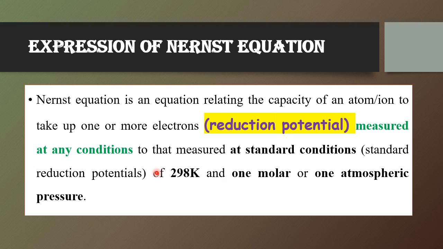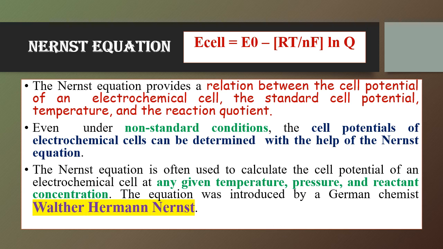Any condition means other than the standard condition, that is, 1 molar solution, 1 atmospheric pressure and 25 degrees Celsius. But through the Nernst equation we can measure the potential at any non-standard condition. So our sample solution can be any and the temperature can be different.